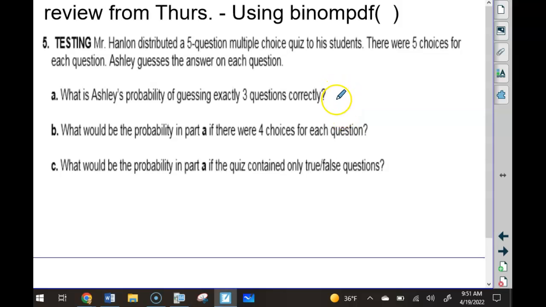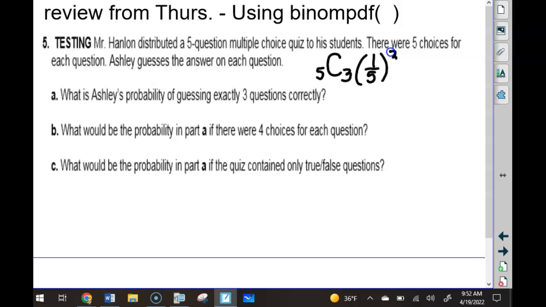So this would be, if you were doing this the long way, for the people who weren't here, out of 5 choices, she wants to guess 3 correct. The probability of success is 1 out of 5 because there were 5 choices for each question, okay?